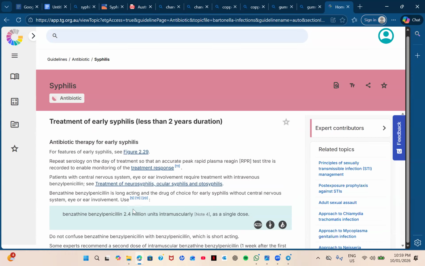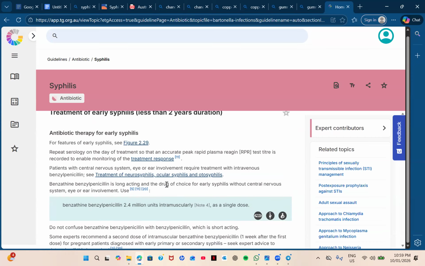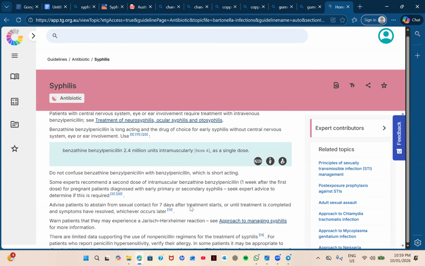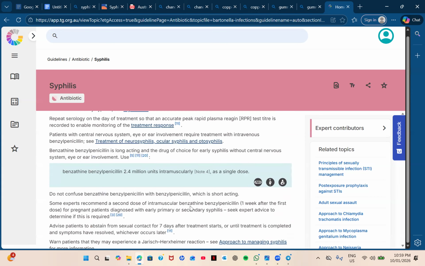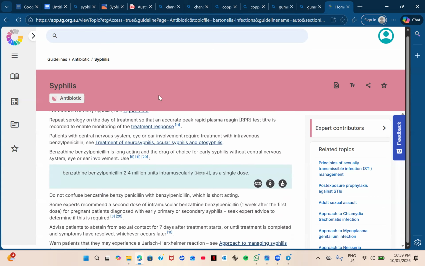In that case, for the treatment of early syphilis, they had given benzathine benzylpenicillin as the first line, and the second line, procaine benzylpenicillin. But now they removed it, right? That's what changed in the therapeutic guideline, right? This is the online one, and I have the other in my notes. Okay, I'll show. That's what I was thinking.